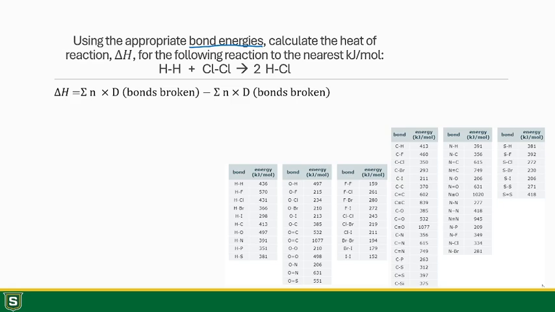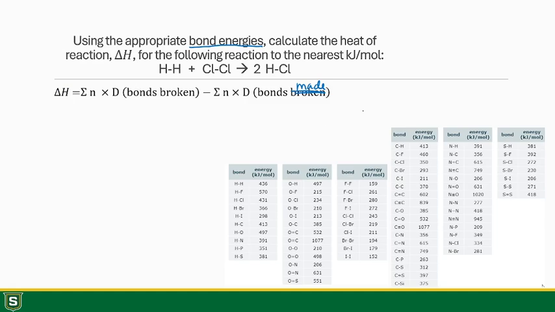And then I'm going to do the number times the bond association energy for all the bonds made. Oops, made. Now I have to look back at the original page and see if I had a typo there. And I would sum all these up. And then last step, I would take the sum of the broken minus the sum of the made.